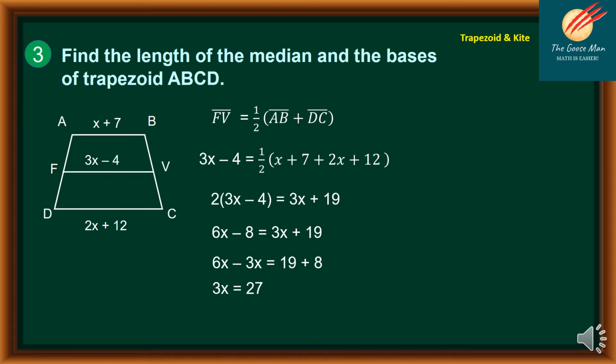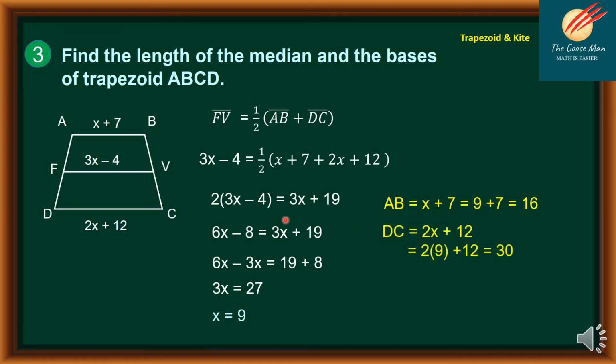If I divide both sides of the equation by 3, I come up with x is equal to 9. Now that I found that the value of x is equal to 9, AB is equal to x plus 7, which is 9 plus 7, so AB is equal to 16.